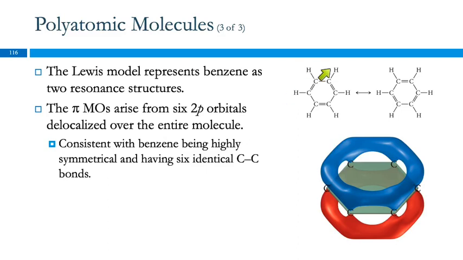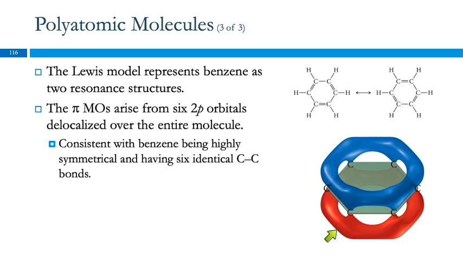A very common molecule you'll see in organic chemistry is this one. It's called benzene. And as we draw it in Lewis structure, it has alternating double and single bonds between the carbons. So you can draw it this way or you can draw it that way. So we have these two resonance structures. But in actuality, all of those bonds are identical because the real structure is a combination of these two.